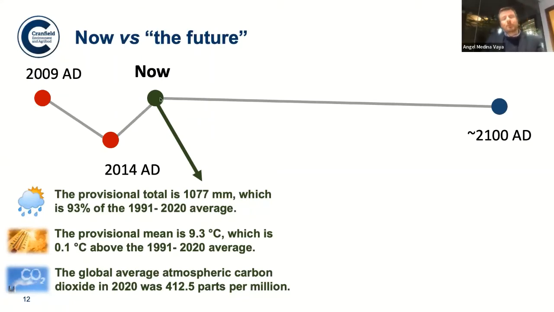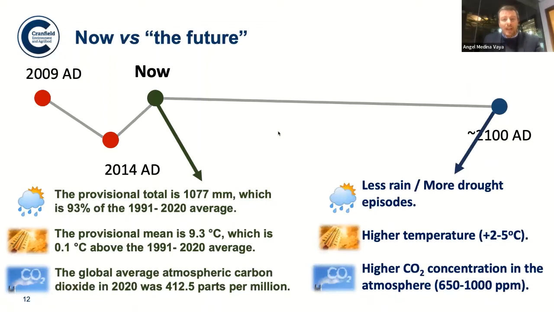When we put in numbers the predictions from the IPCC, how will these values look in the year 2100? What is going to happen is that we will have less rain and more drought episodes. We are going to have increases in temperature; the current models show increases between 2 and 5 degrees.